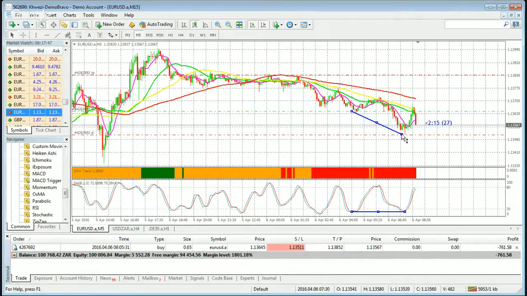I normally like the 15 to have the divergence because it gives me just that bit more comfort. I've got a longer stretch of momentum on the bigger time frame. Trades always get taken on the 5 minute. So yeah, we're just going to need to wait and see what this is going to do.